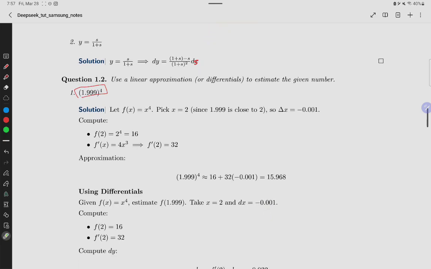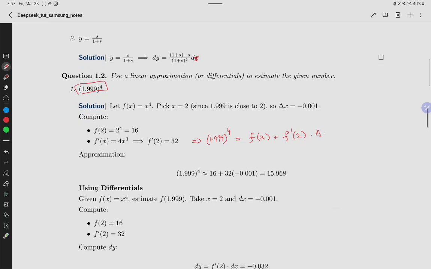Now we'll use the linear approximation. L of x, which is 1.999 raised to the power 4, is equal to f of 2 plus f prime of 2 times delta x.